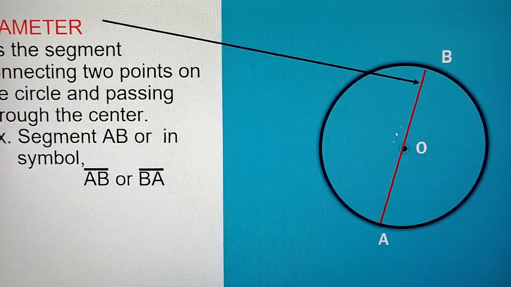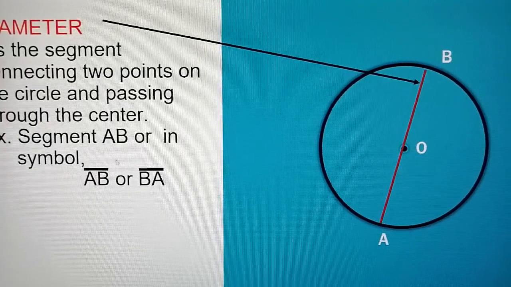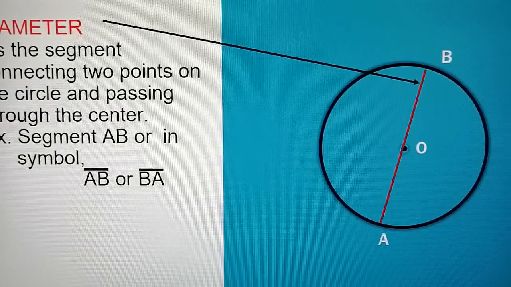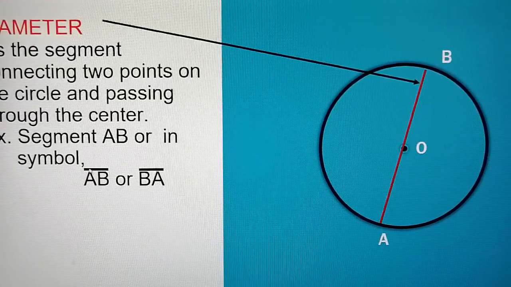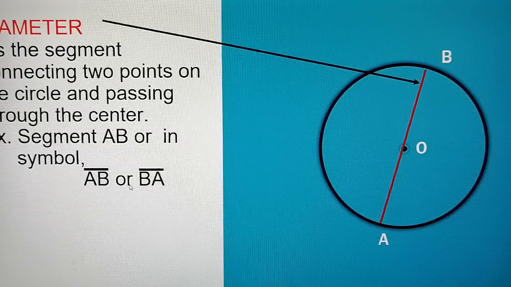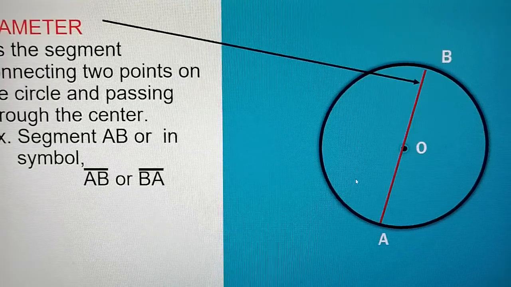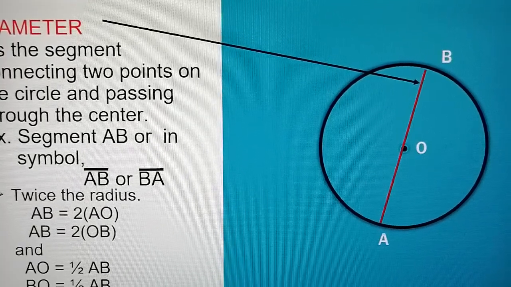Since we are referring to the line segment, when we write that in symbol, we use the endpoints of the diameter. We have points A and B, therefore segment AB or segment BA is the diameter of the circle.